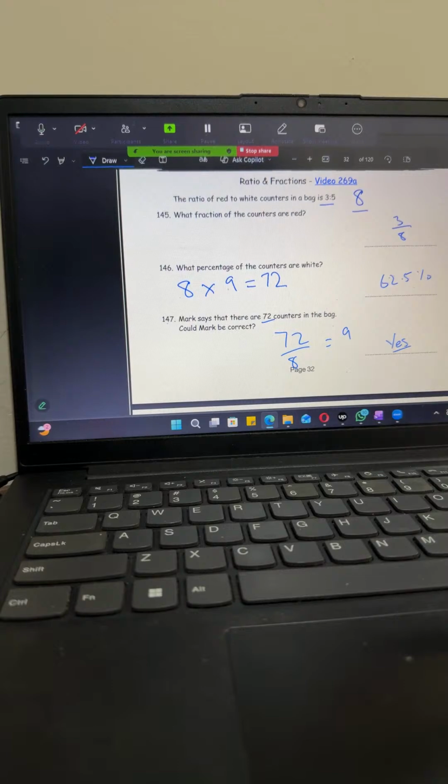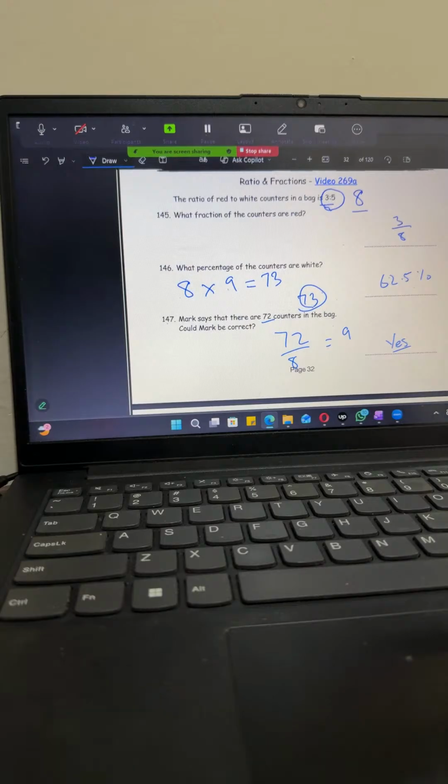And the theory behind it: let's say Mark says that there are 73 counters. We know that 73 is not a multiple of 8, right? So if we have 73 counters, we can't divide them into this perfect ratio of 3 to 5, so the ratio will be disturbed. We can never divide 73 counters into the ratio of 3 and 5.